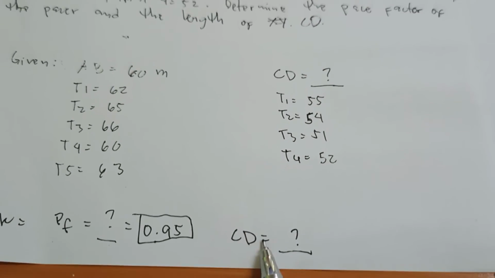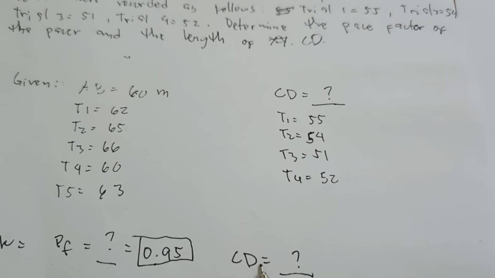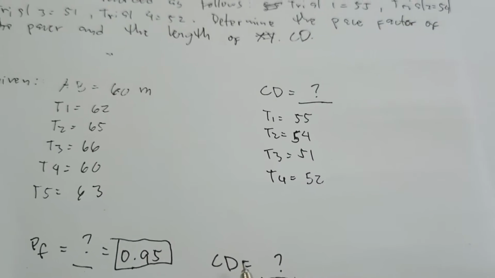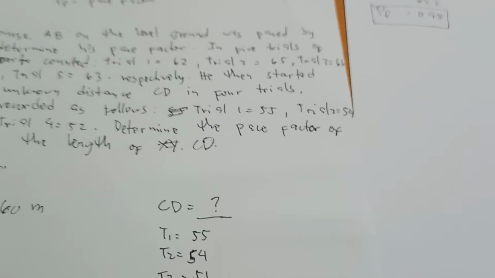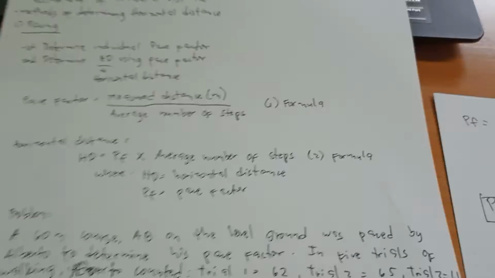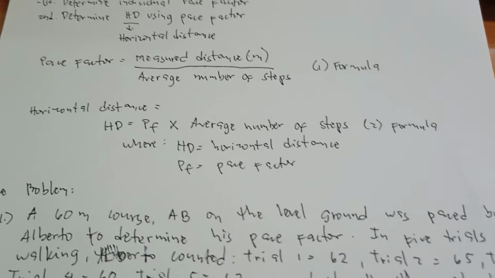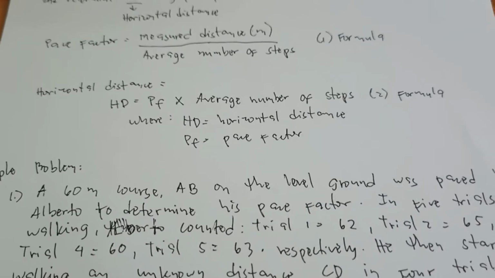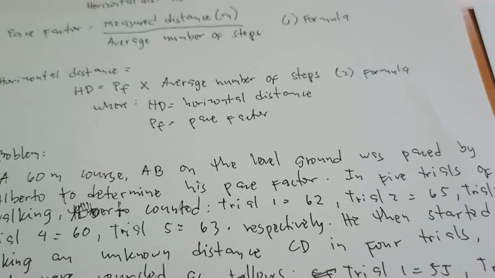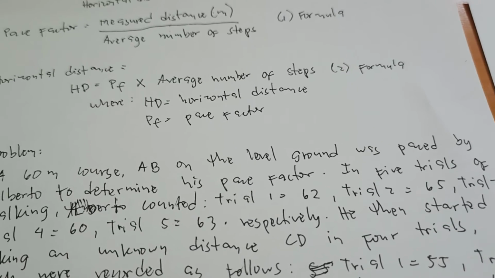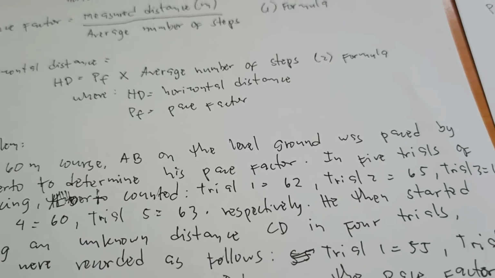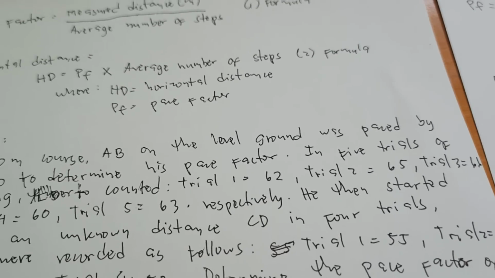Next is we get the measured distance from C to D. What is the horizontal distance of this unknown distance C to D? So go back to your formula to measure horizontal distance, HD is equals to PF times average number of steps.